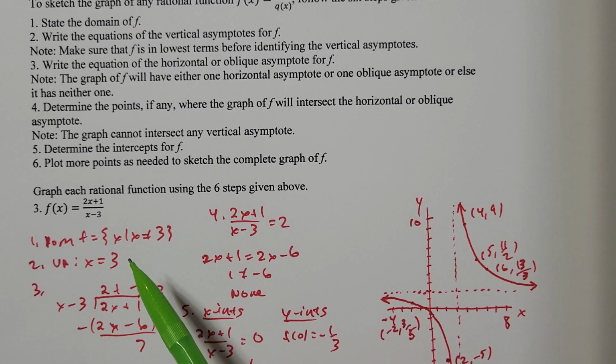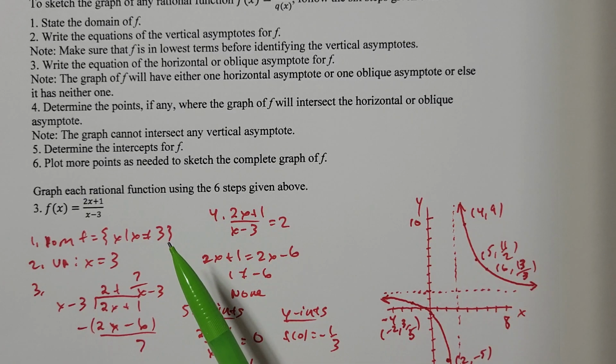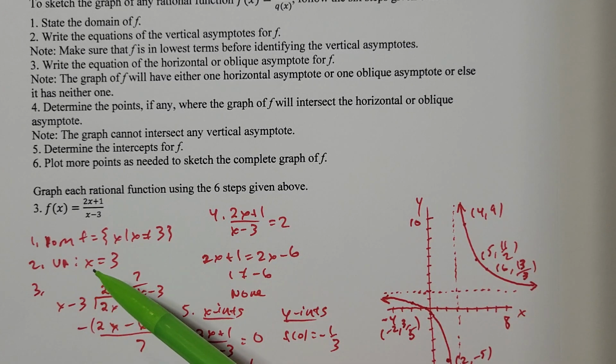The domain therefore would be the set of all x such that x is not equal to 3. We can use any other number, that's fine. Now because we're throwing 3 away as a result of the domain, we're going to have a corresponding vertical asymptote on the graph at x equals 3. So in step 2, I'm going to have a vertical asymptote at x equals 3.